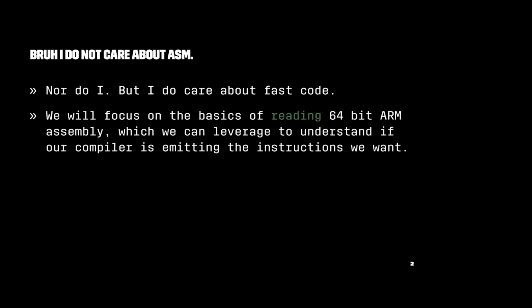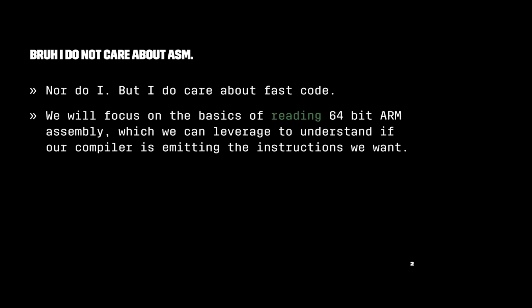And so you might be saying, I don't really care about assembler. And all I got to say is I don't either, right? If everything worked, I understood everything perfectly, and my code ran fast, I would also not care about assembly. So basically, we've got to outline some sort of reasonable goal that we want to achieve here.